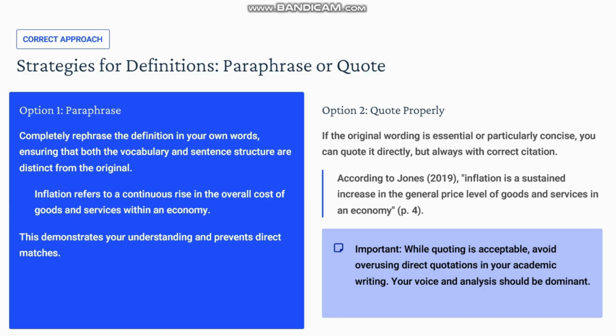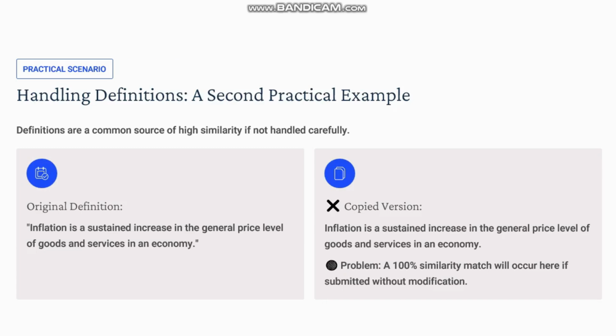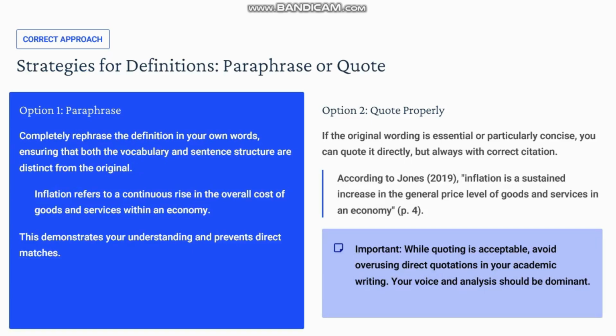Now, the example we used: inflation refers to a continuous rise in the overall cost of goods and services within an economy. If you paraphrase like we talked about earlier, this demonstrates your understanding and prevents direct matches. Now look at the original definition: inflation is a sustained increase in the general price level of goods and services in an economy.